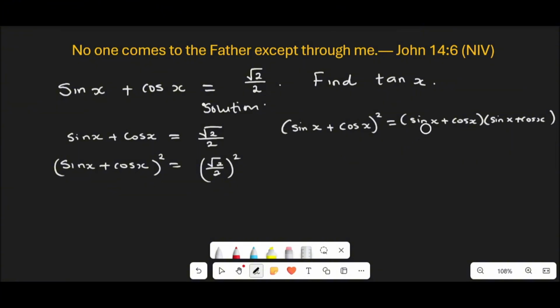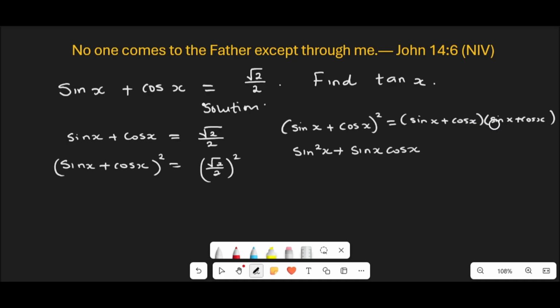So let us open the bracket by multiplying it one after the other. Sin x multiplied by sin x, we are going to have sin square x. Sin x multiplied by cos x, we are going to have plus sin x cos x.